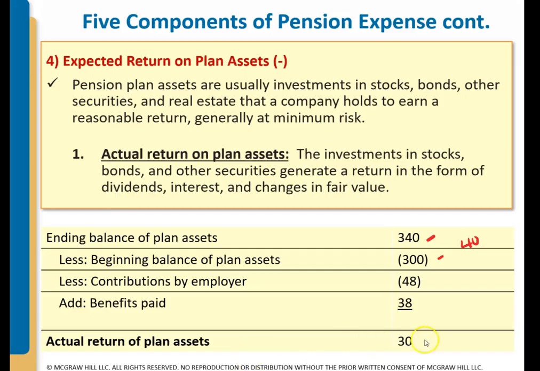And when you do that, you can back into what the actual return of plan assets is. So this is just kind of a side note from the pension expense, just to show how to calculate the actual return of plan assets. It's this formula: ending balance less beginning balance less contributions by employer plus benefits paid equals actual return on plan assets.